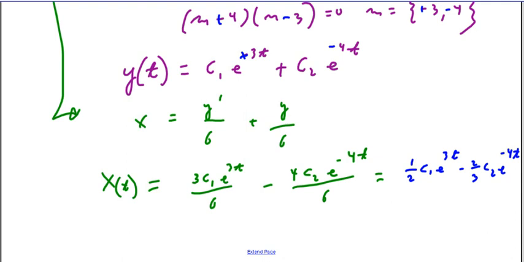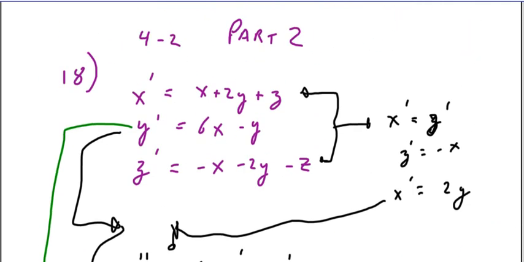Come back up to here. If x prime is equal to z prime, then that implies that z is going to equal minus x.